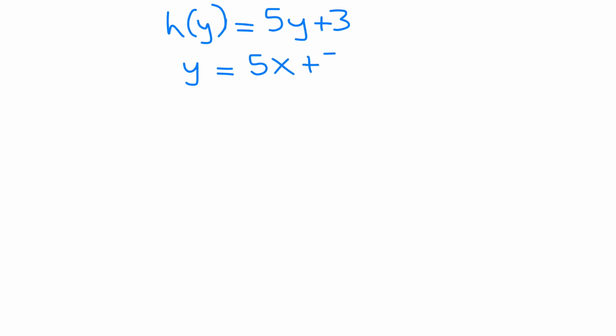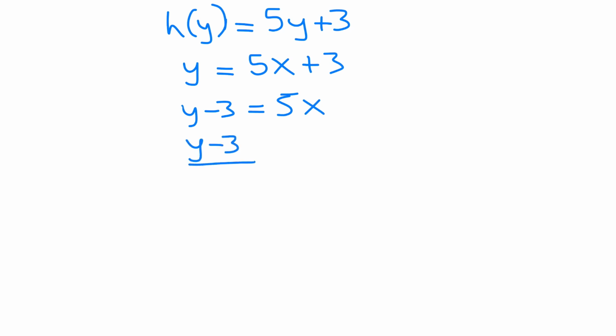So part C, we have h of y, which equals 5y plus 3. Again, we want to make y the subject, and we're going to replace this 5y plus 3 with a 5x plus 3. We want to rearrange to find this value of x. Just bearing in mind, this value that we replace, this x in this case, is just a placeholder.